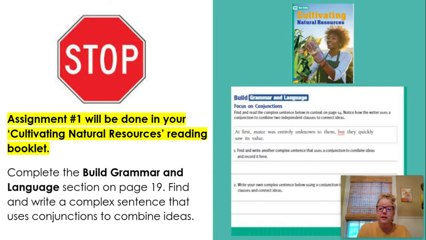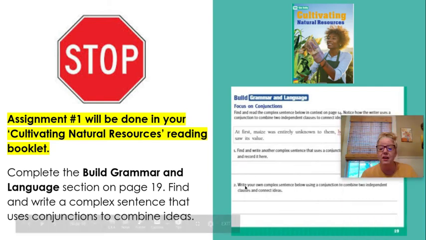So see if you can now, for this part of this grammar and language, you're going to find and write another complex sentence that uses a conjunction to combine ideas. So go back into the text, go back into the story, A Short History of a Special Plant, and you're going to find a sentence that includes a conjunction to connect two independent clauses and write it in your booklet.